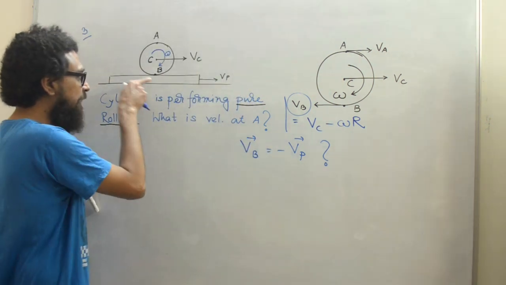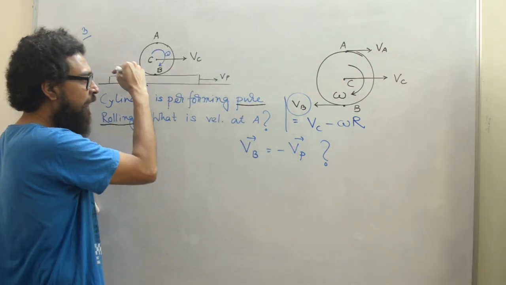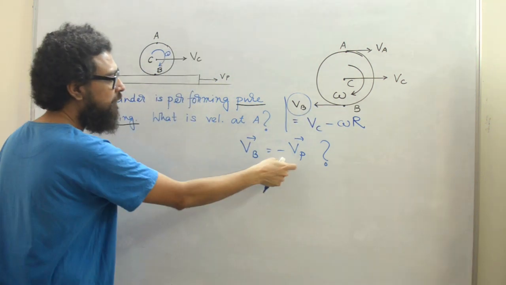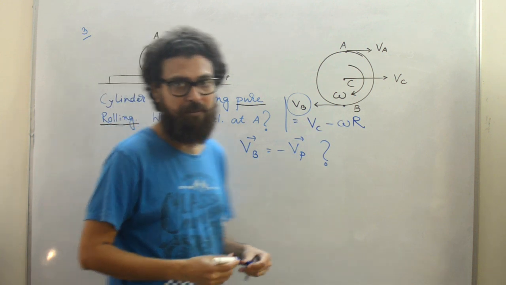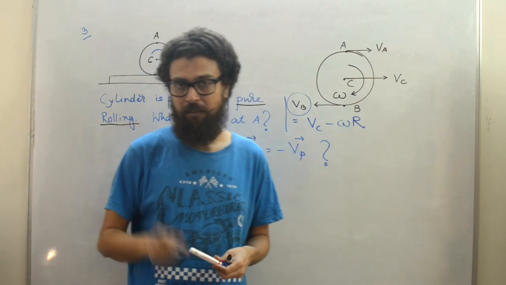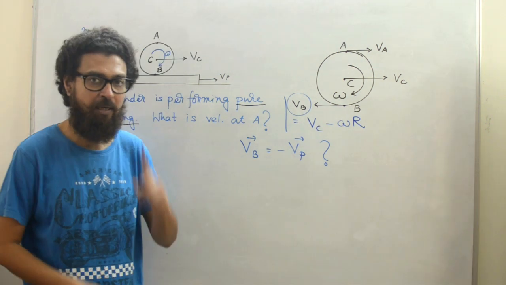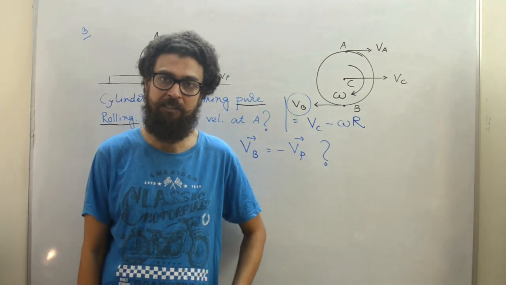Why? This is moving forward, and this is having a velocity like this. If these two velocities are not equal and opposite, then the fundamental concept of rolling motion is violated. And what is that fundamental condition?